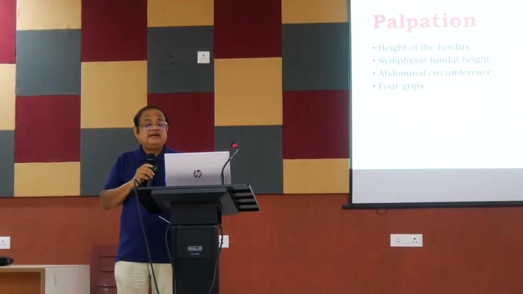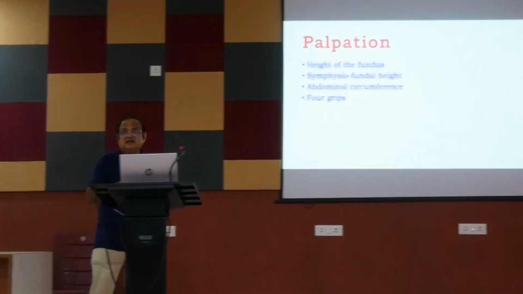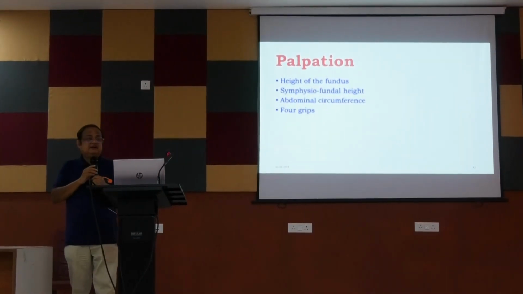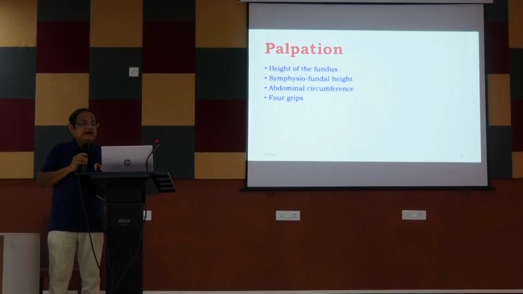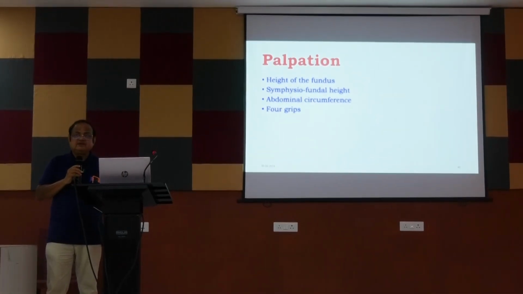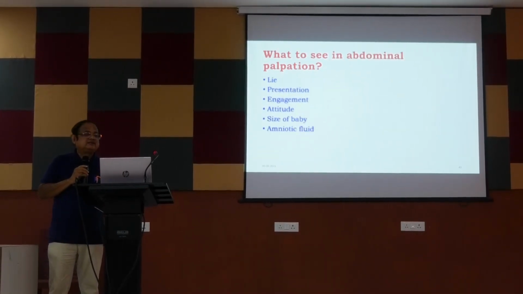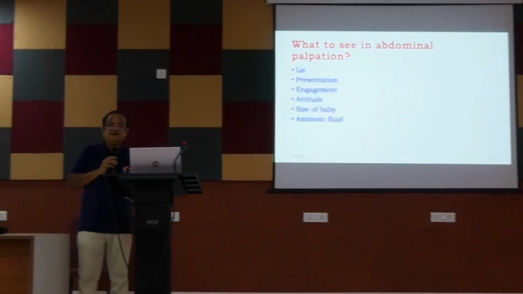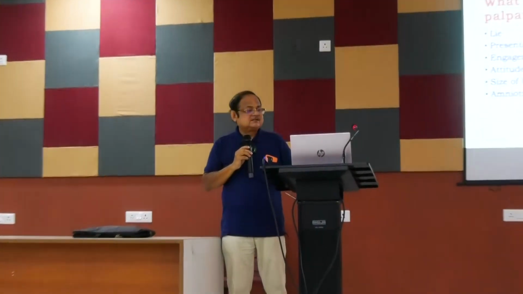And the palpation: height of the fundus, symphysiofundal height, abdominal circumference, and the obstetric grips. All of you have learned in your clinical classes what to see in abdominal palpation. I repeatedly told you: what is lie, presentation, attitude, size of the baby, amniotic fluid. You must see that.